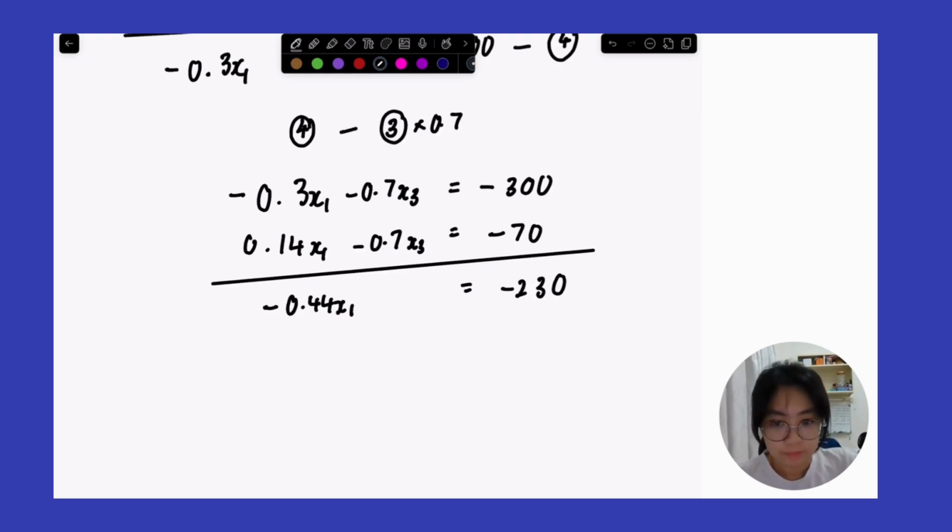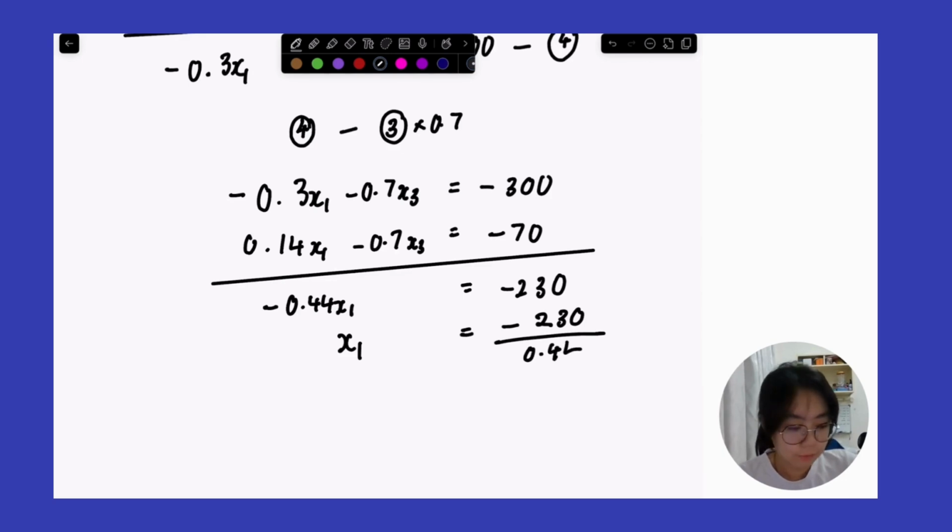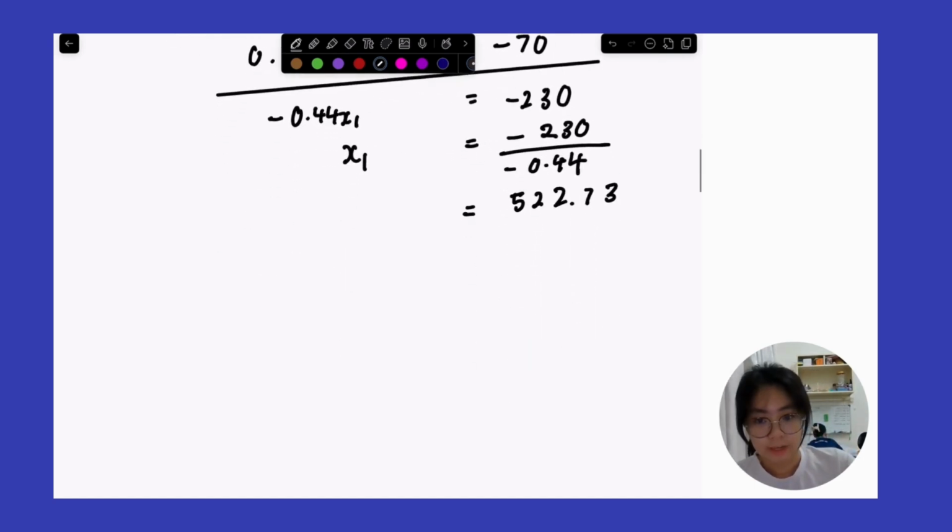So now we will have x1. We can find x1 by negative 230 divided by negative 0.44, so it will become 522.73.